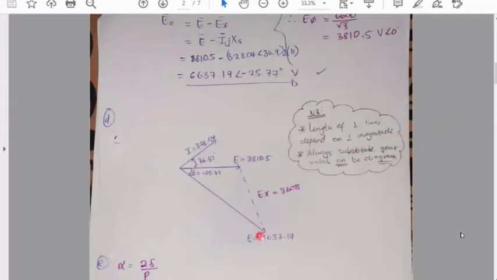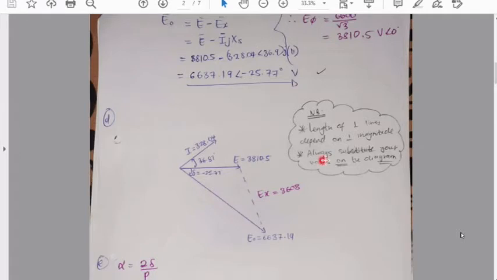So we know that E naught is 6,637.19 and E is actually smaller than E naught. So the lecturer doesn't expect you to make E longer than E naught. This was supposed to be a little bit more extended, but I put it at that length because it is showing that it's greater than this value here.